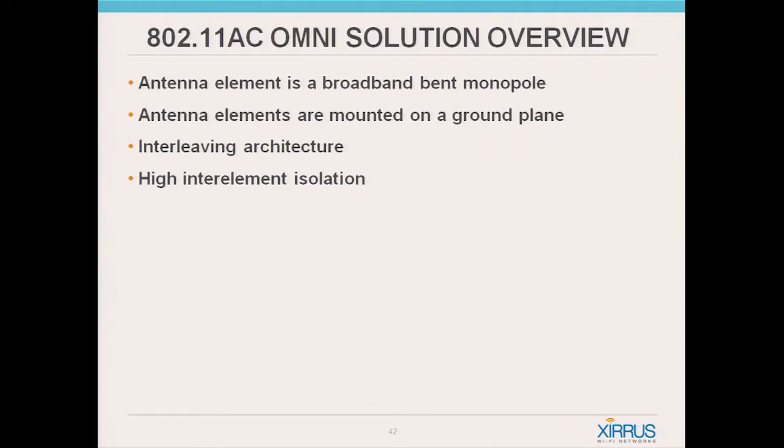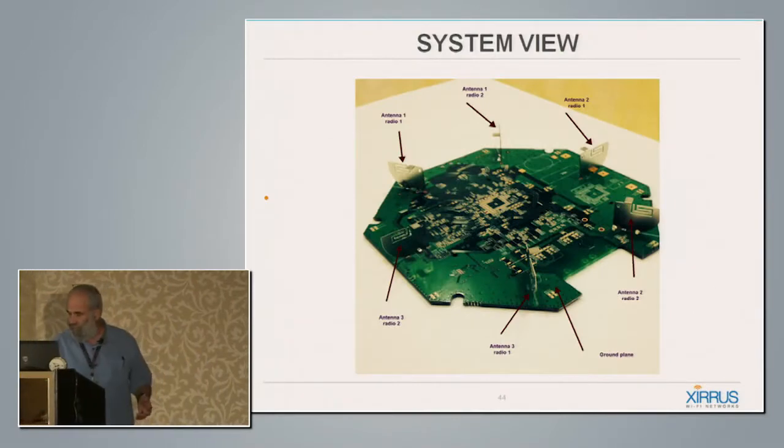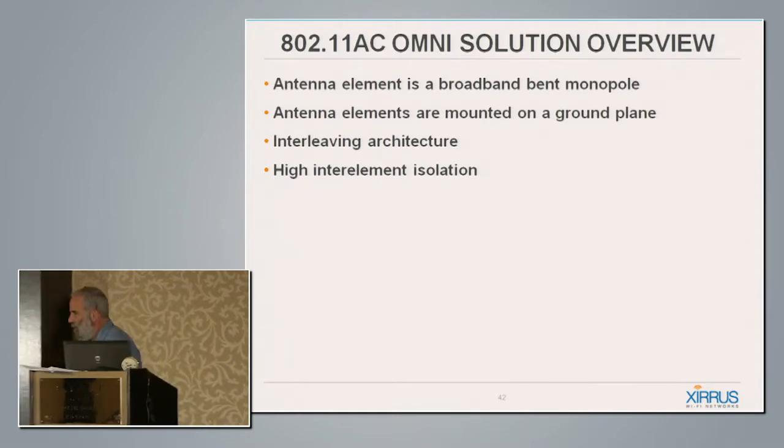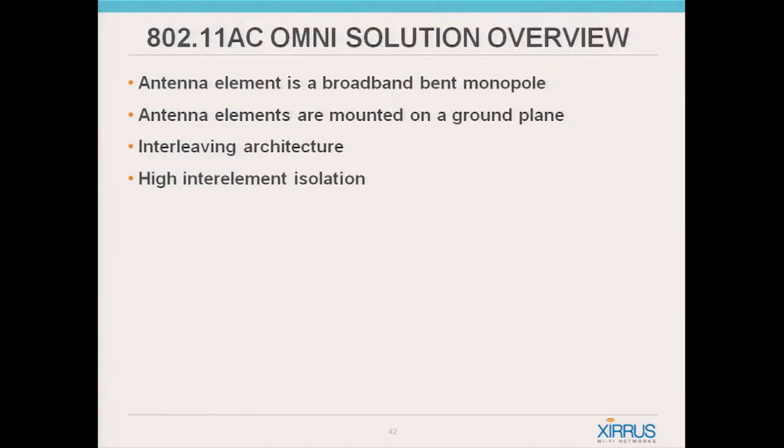The people that were interested in that product, we still wanted good performance, good gain, having good isolation between the radios. So we came out with a product that looked like that. This is what we call the XR630, 620. There are two radios in that array, and could either work in a 2x2 or 3x3 arrangement.